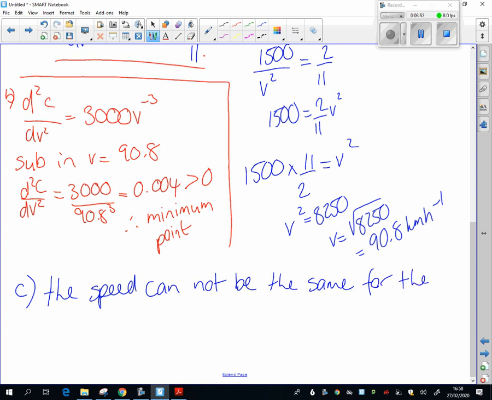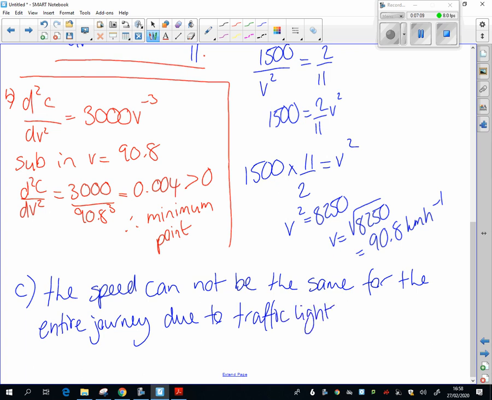So speed cannot be the same for the entire journey due to, and what is going to affect the speed? Well, traffic lights, traffic, roadworks, different speed limits on different roads. You don't need to list every single possibility, but that's really the key thing why, having done all that maths, we can then conclude that this model probably isn't really that great.